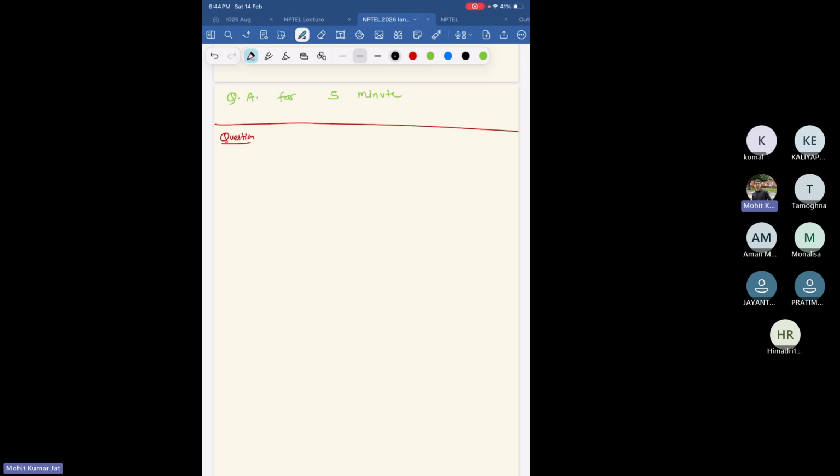Consider two electrons in a box of length L, in the ground state, given by epsilon naught.